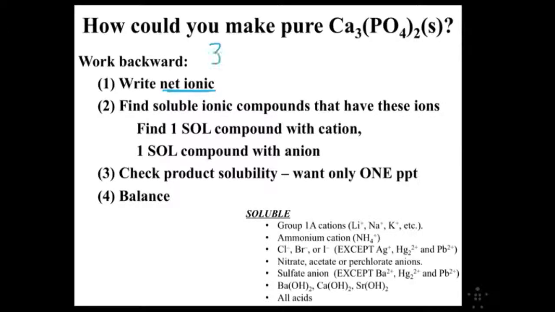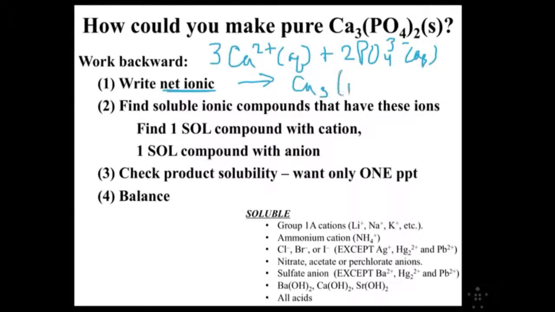So very easy. It's 3 Ca 2 plus aqueous plus 2 PO4 3 minus aqueous going to Ca3(PO4)2 solid. There's our net ionic equation. Okay? That tells what we want to happen.